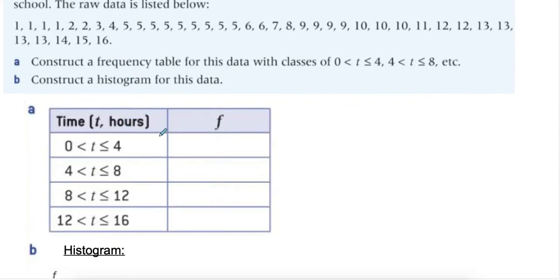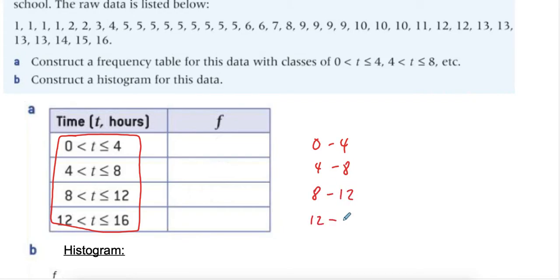Okay? So the first thing to notice about continuous data, when you record it, is how it's written. 0 less than t, less than or equal to 4. So t is bigger than 0, but is less than or equal to 4. If you make your categories something like this, then you've got a problem, right? Because if someone has a time of 4 minutes, do they go into this category or do they go into this category?